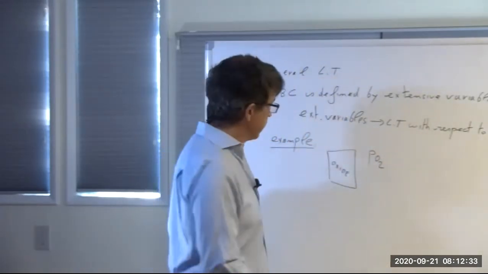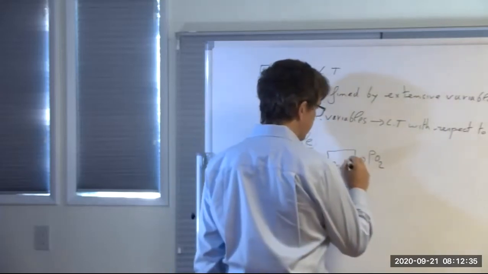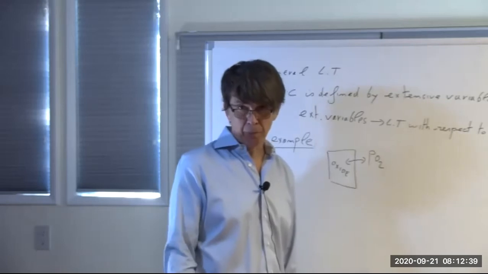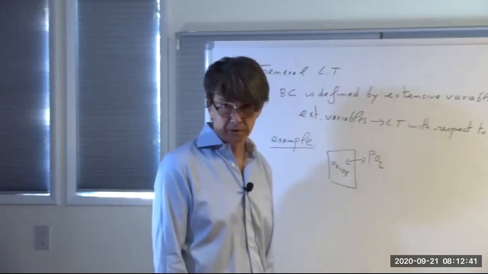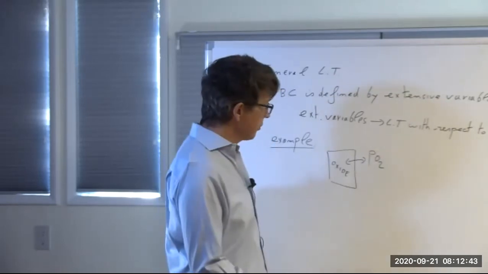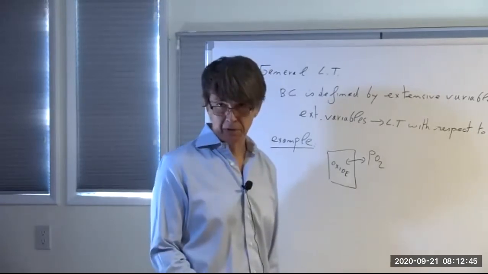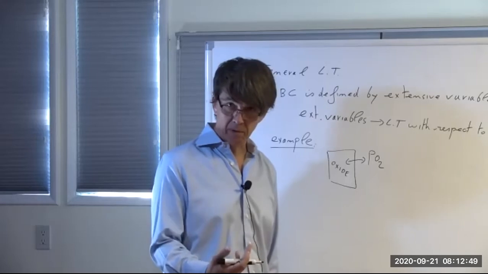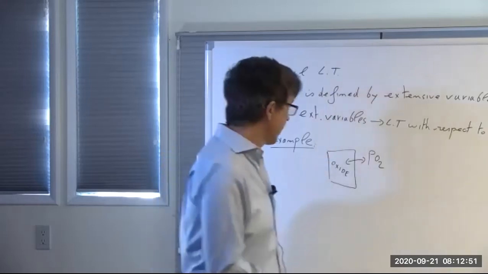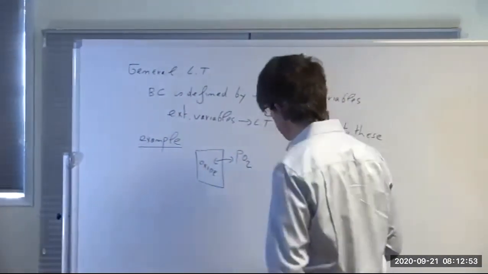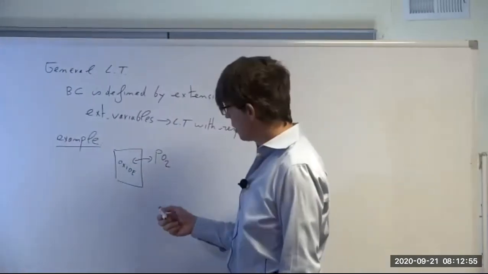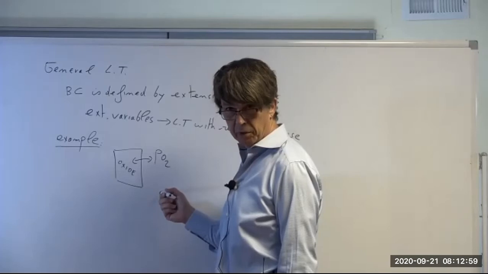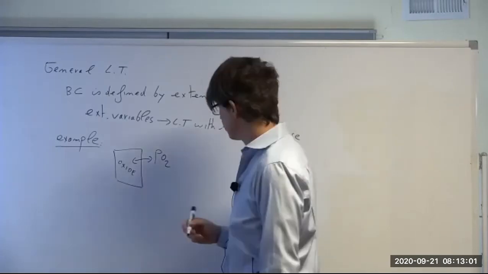When I anneal that system in a high temperature environment where I have a certain PO2, that material is considered open with respect to oxygen content. So the state I would find is not the state with minimal Gibbs free energy. It would be the state with minimal whatever, and whatever would be the Legendre transform of the Gibbs free energy with respect to the extensive variable that gives the amount of oxygen, right?